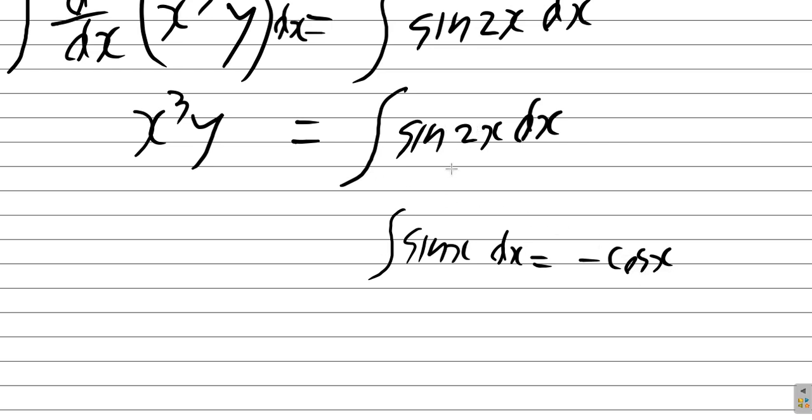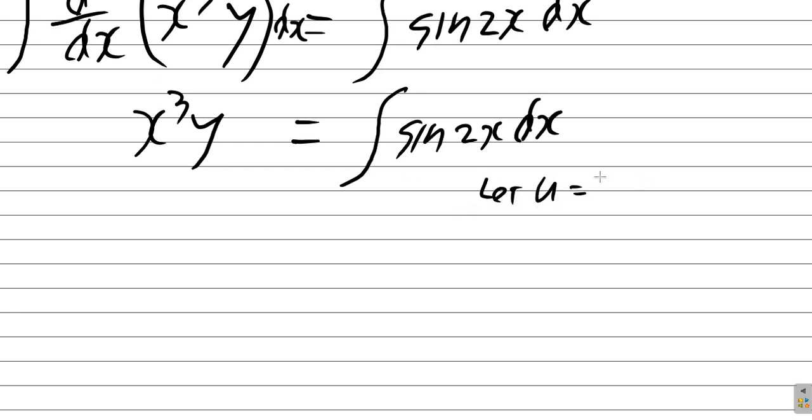But it's sine 2x that you have. So you remember what to do? When you have sine 2x to integrate, you can use integration by substitution. But if you do it enough, you would remember that this is going to be negative cos 2x over 2. But just in case you don't remember, let's look at it.